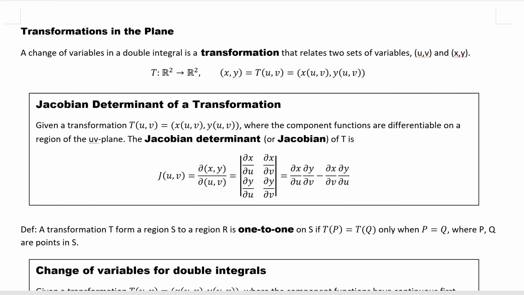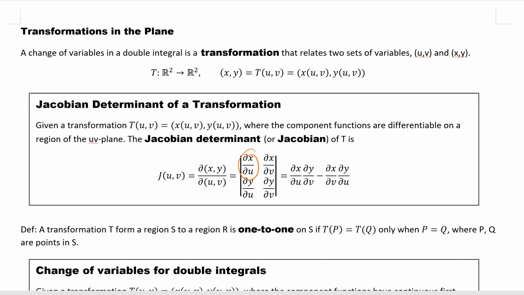Okay, next, the Jacobian determinant of a transformation. Given a transformation T(u, v) equals (x(u, v), y(u, v)), where the component functions are differentiable on a region of the uv plane, then the Jacobian determinant of T equals J(u, v) equals the partial derivatives of (x, y) with respect to (u, v). What does that mean?